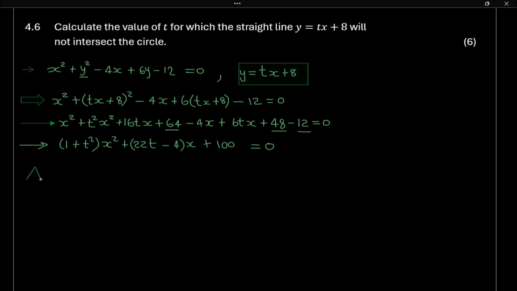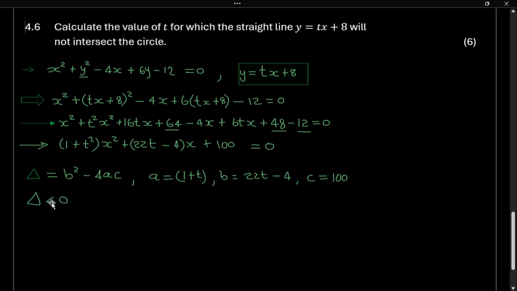Now that is the a, that's b, that's c. So it's the quadratic formula. Using the discriminant, which is b squared minus 4ac, we know that our a is 1 plus t squared, b is equal to 22t minus 4, and c is 100. Since there's no intersection, the discriminant has to be less than 0. So delta is less than 0.